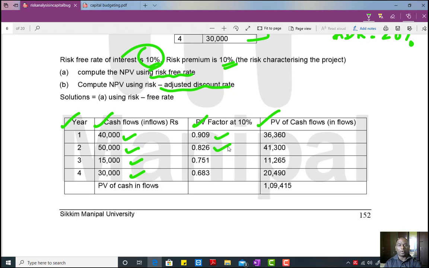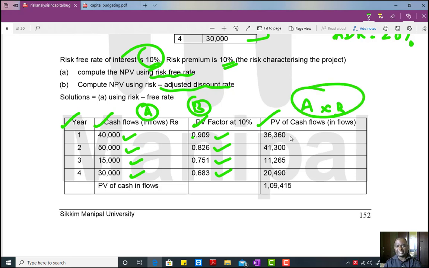In the second year you get 0.826, in the third year 0.751, and then 0.683. Multiply the cash flow A into B. 40,000 into 0.909 is 36,360. 50,000 into 0.826 is 41,300. 15,000 into 0.751 is 11,265. 30,000 into 0.683 is 20,490. You add it up and you get 1,09,415.